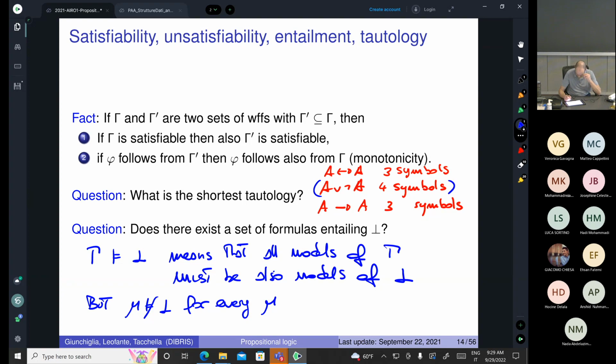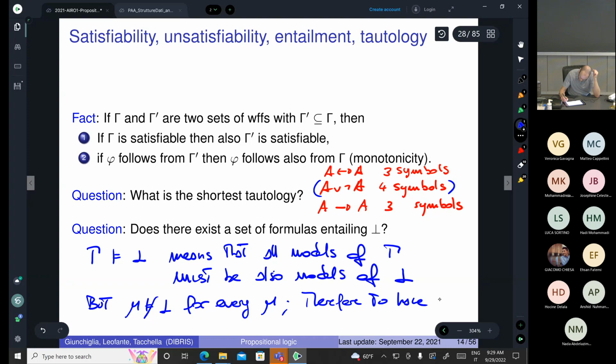Therefore, to have gamma entails bottom, mu should not satisfy gamma for every mu. Gamma is contradictory.